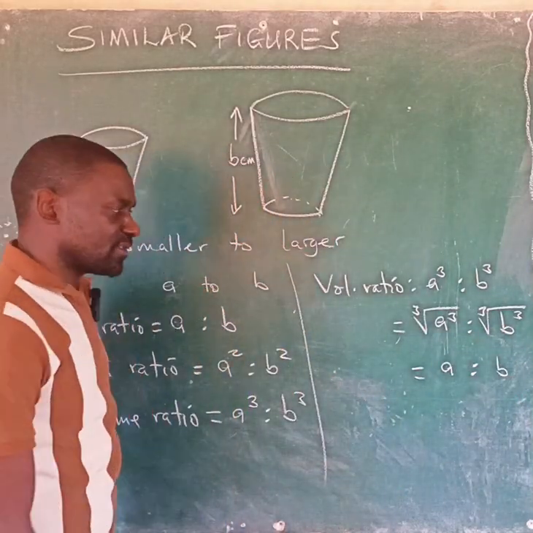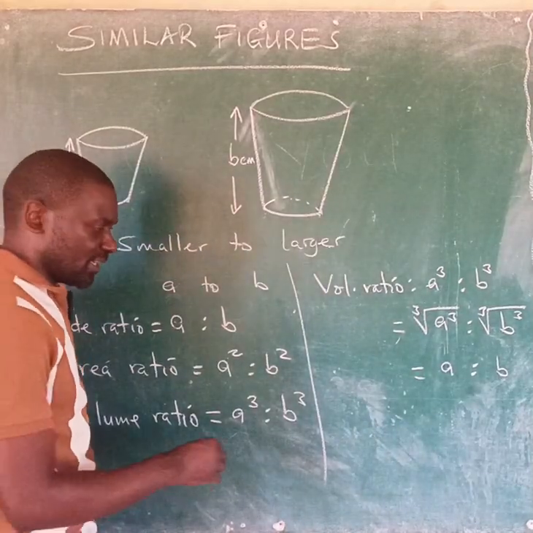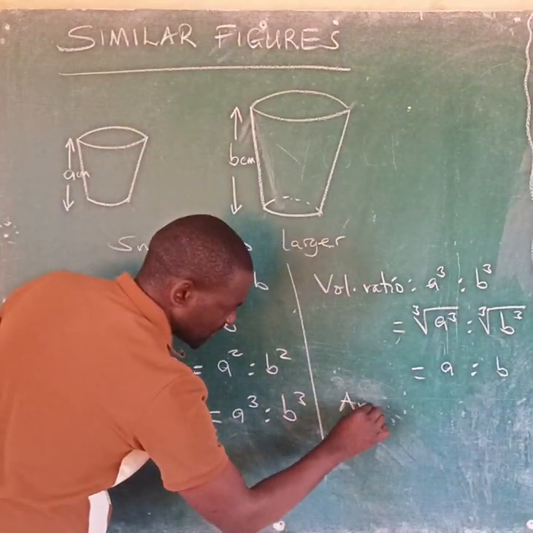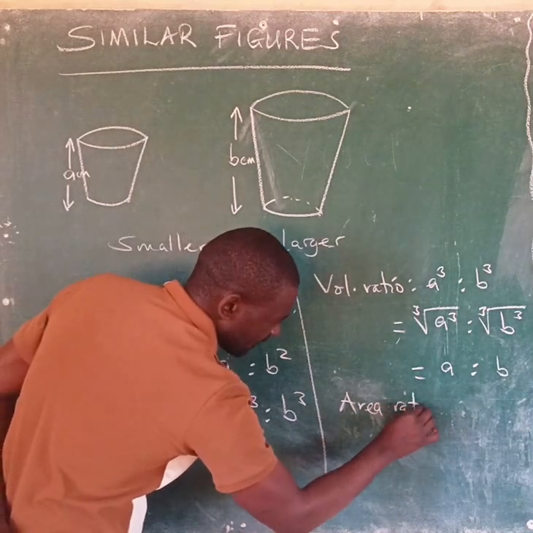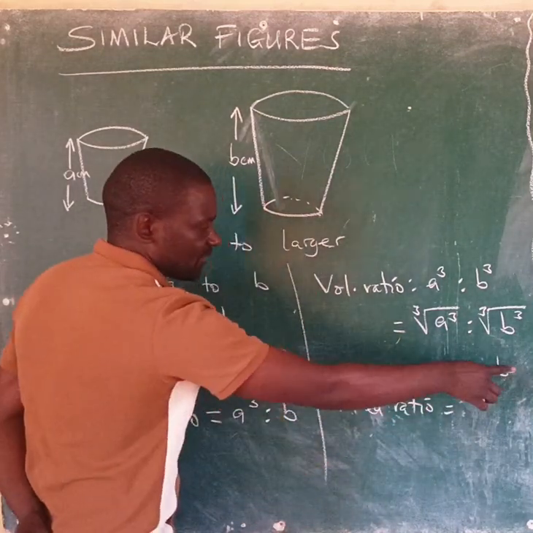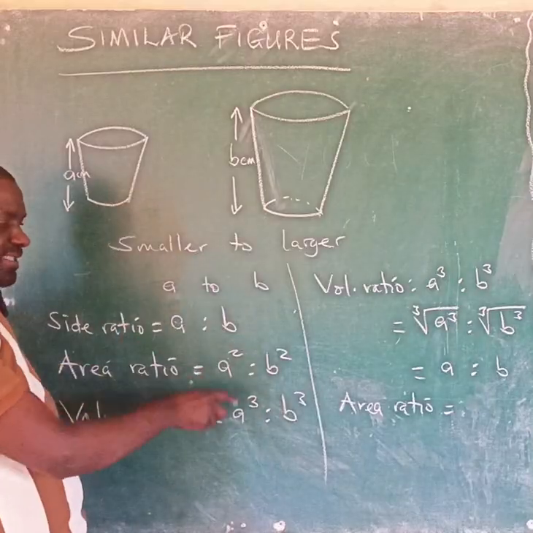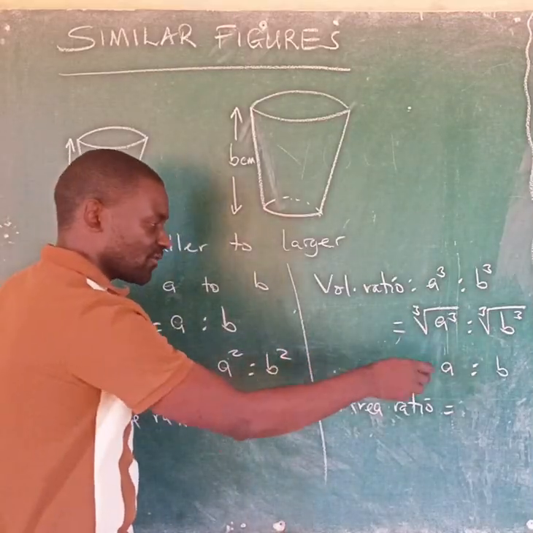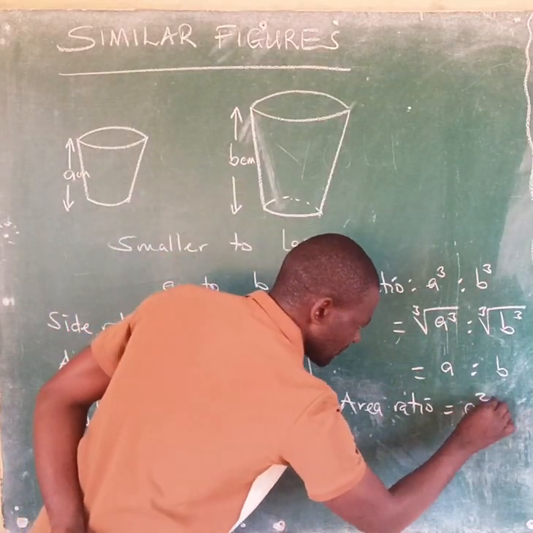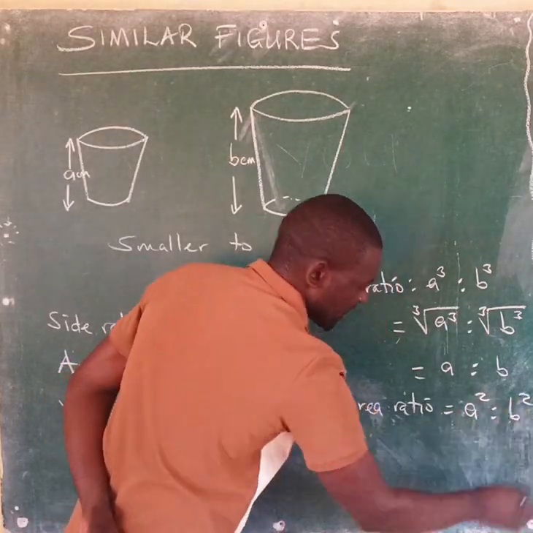After you found this one, then you can now go to your area ratio. Now that we have the side ratios, just exactly what we did here, you just square the side ratios. You now say A squared and then B squared.